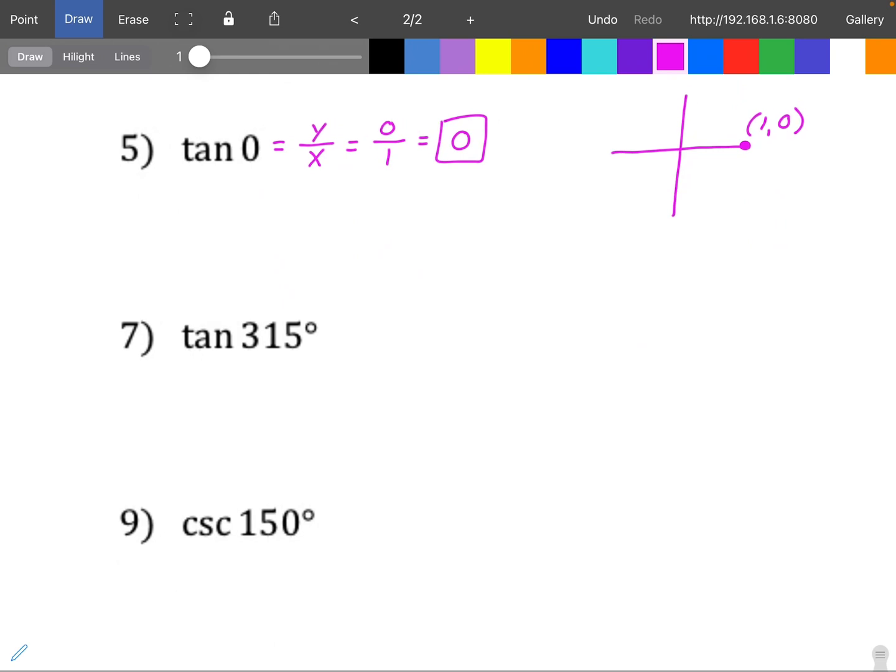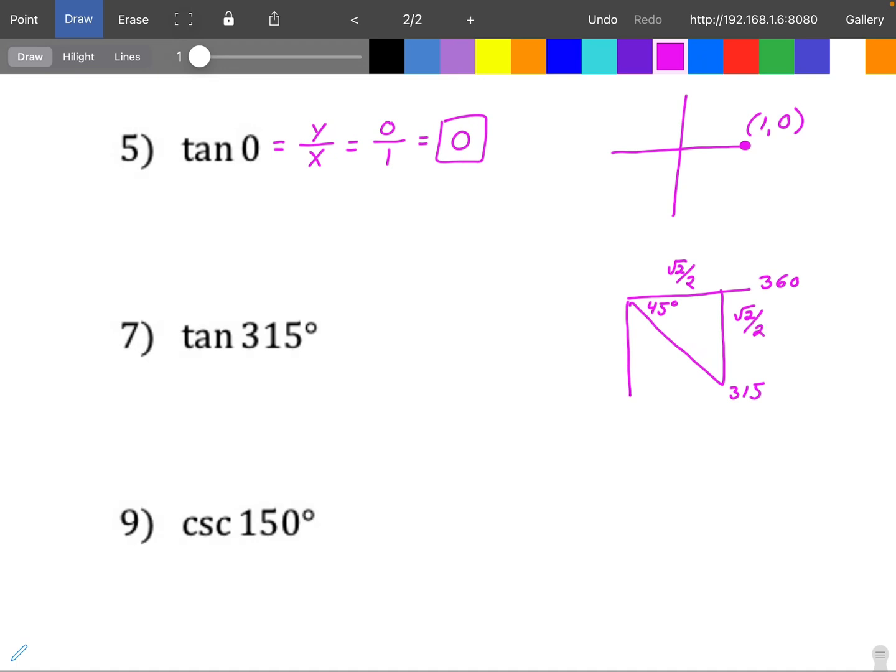All right, number 7, tangent of 315. So 315 degrees is in the fourth quadrant. And if this is 315 degrees, this is 360 degrees, then that means we have a 45-degree reference angle. Therefore, both sides are going to be the square root of 2 over 2.